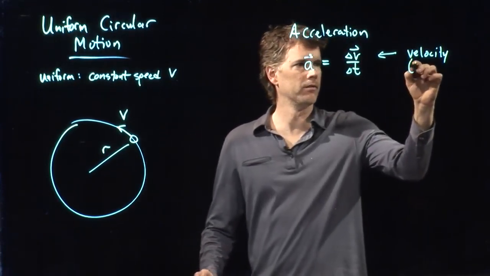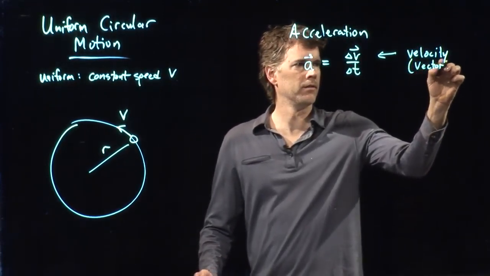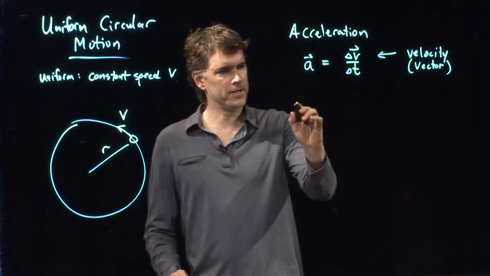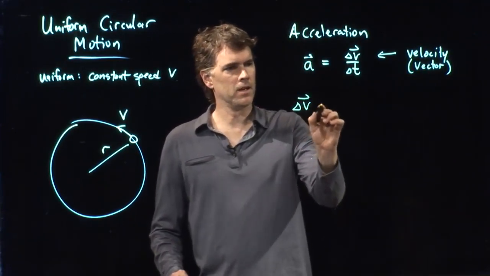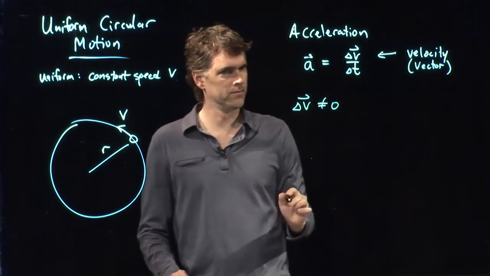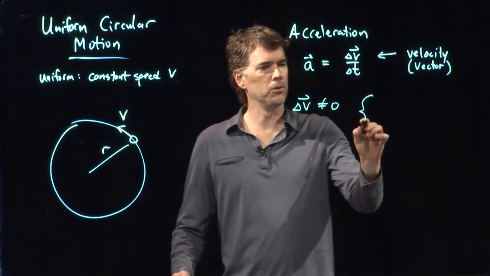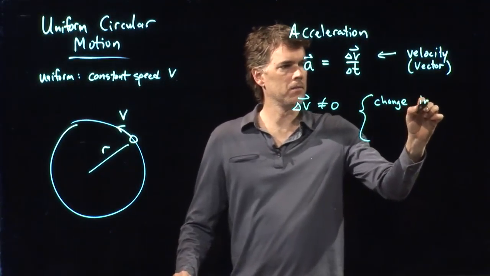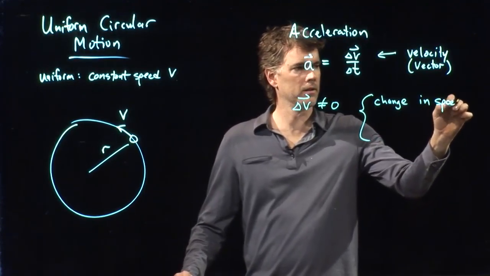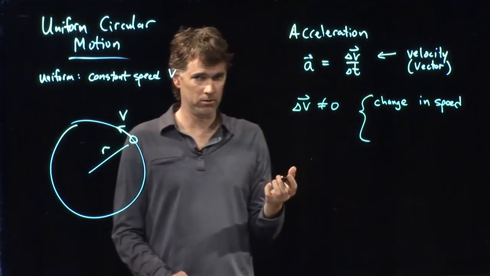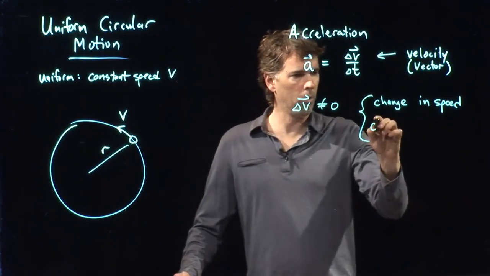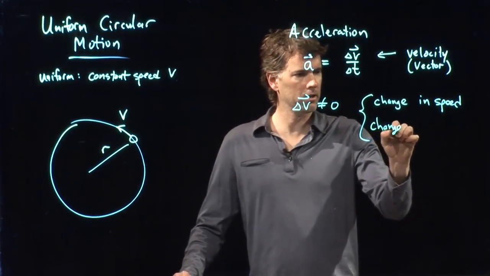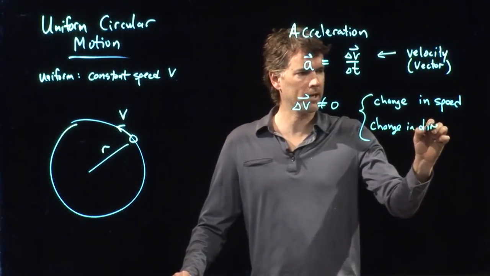It's a vector. So if you have a delta v that's non-zero, that could be due to change in speed, which is the magnitude of velocity, or it could be change in direction.